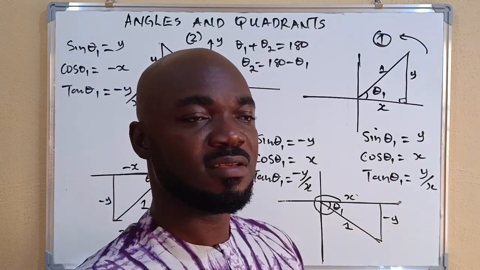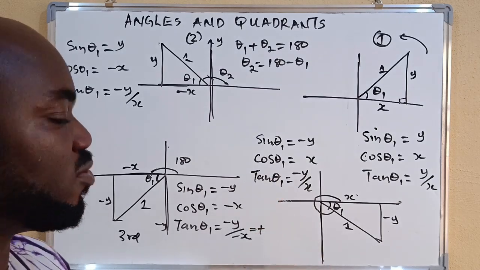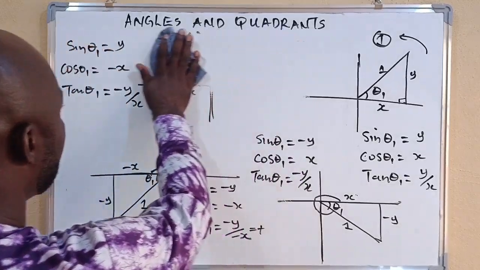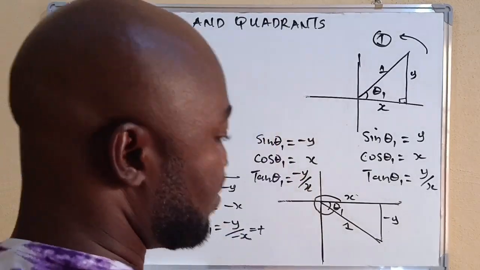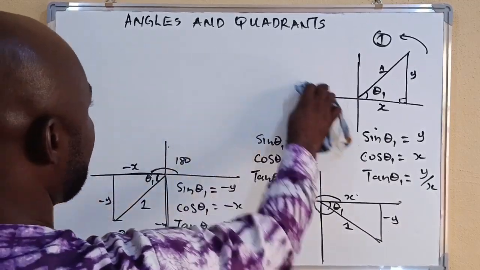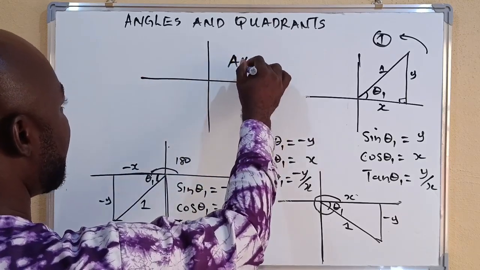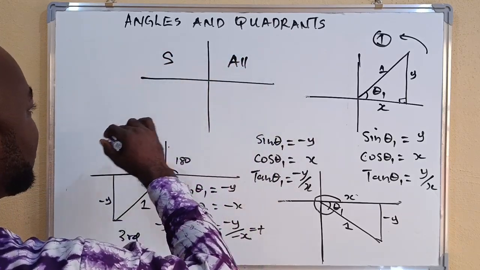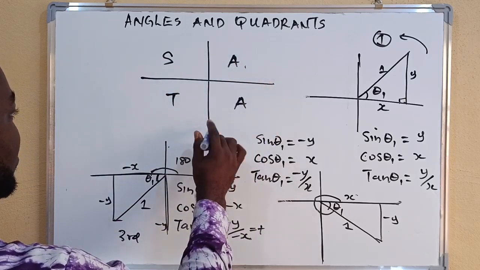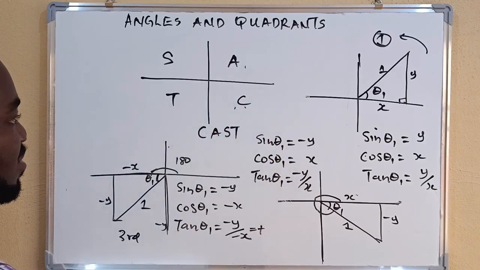So you should know when something is positive and when it is negative, and when to look for their positive value. In summary, let me wipe this part off. When you arrange these ratios together and put them on a plane, we have an acronym derived as A, S, T, and C. People call it CAST or ASTC.